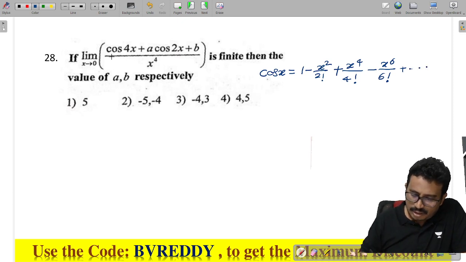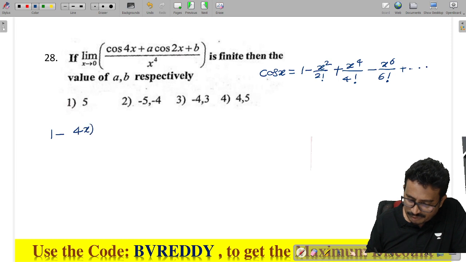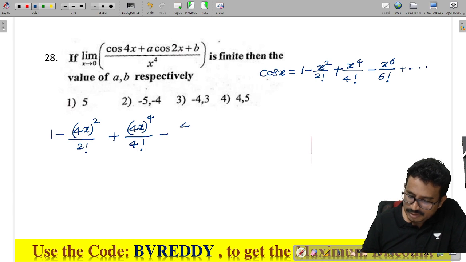Now here, cos 4x, which is equal to 1 minus, so in place of x we have 4x, 4x squared by 2 factorial plus 4x power 4 by 4 factorial minus 4x power 6 by 6 factorial. Okay.